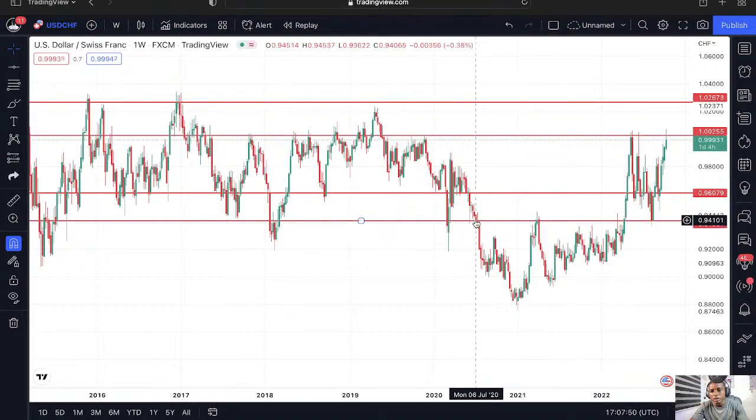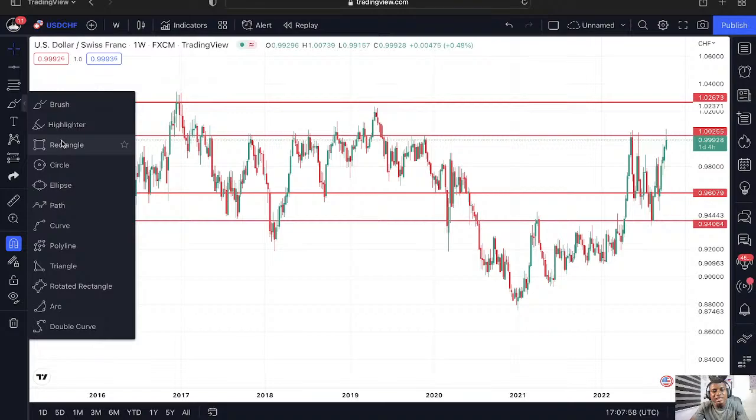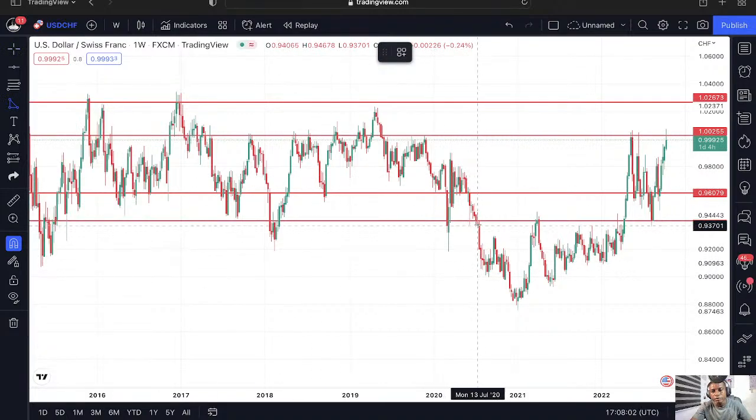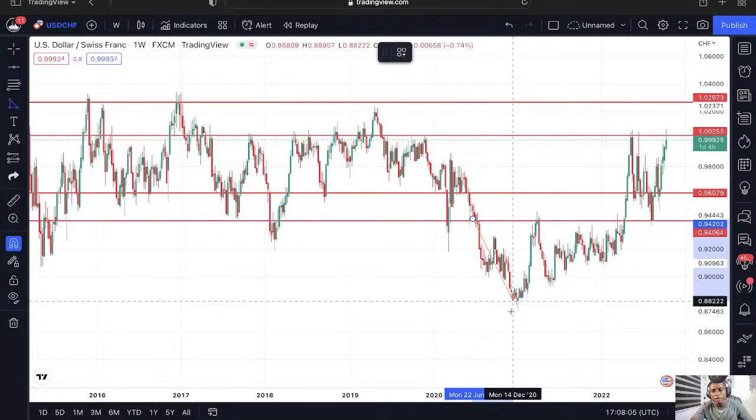This pattern here is an ascending triangle. I'm pointing that out should we see such a pattern next time. It's an ascending triangle.